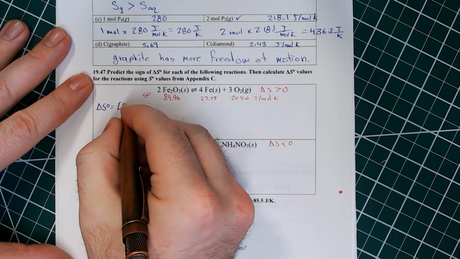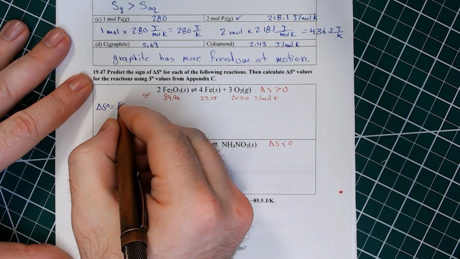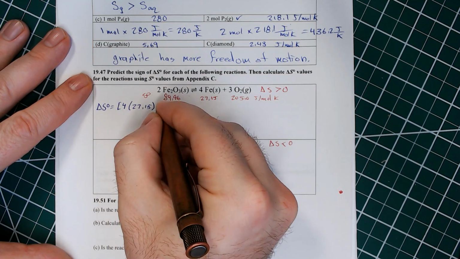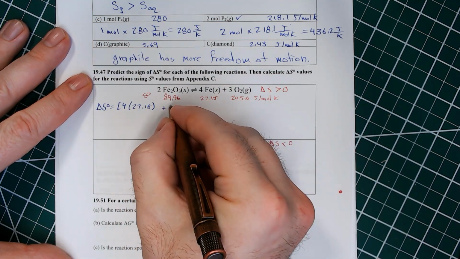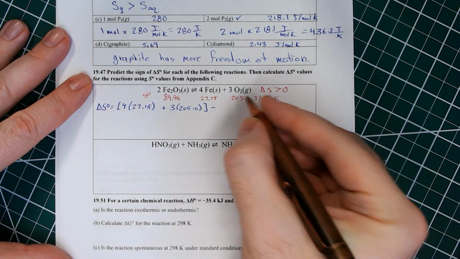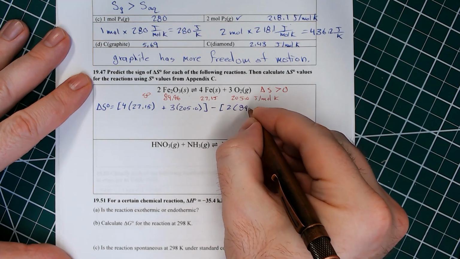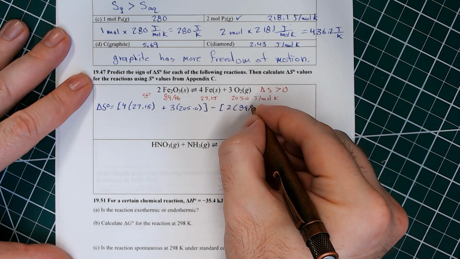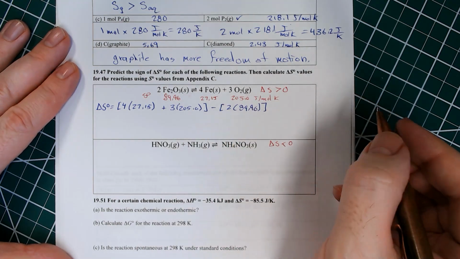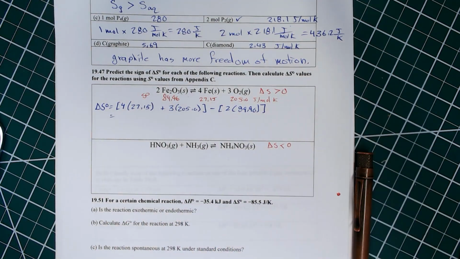We'll do 4 moles times 27.15 plus 3 times 205.0, and we'll subtract away 2 times 89.96. When we're doing this, again, always write products minus reactants, and that will give you the correct answer.